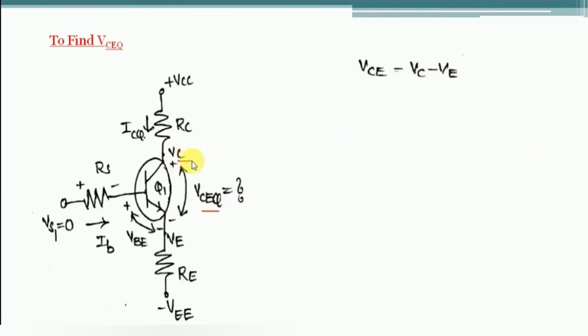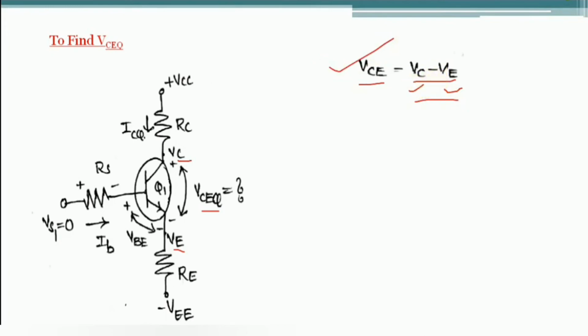One is the collector node voltage and second one is the emitter node voltage. So we can write the VCE as VC difference VE. Okay, so now we have to find what is the value of VC and then what is the value of VE, and finally substitute in this equation the individual values to get the final value of VCE.